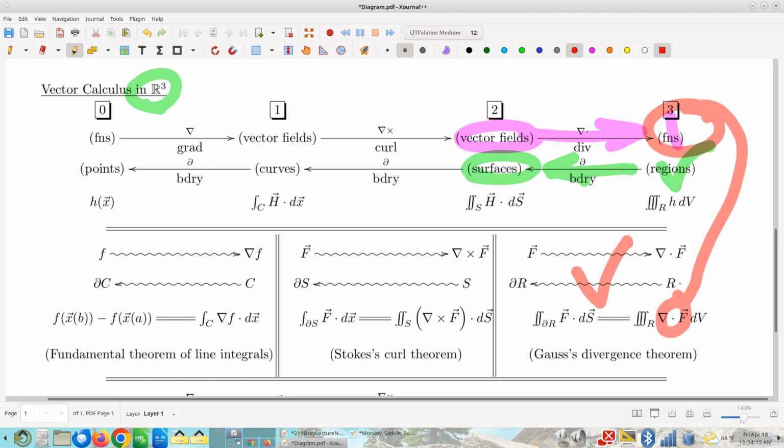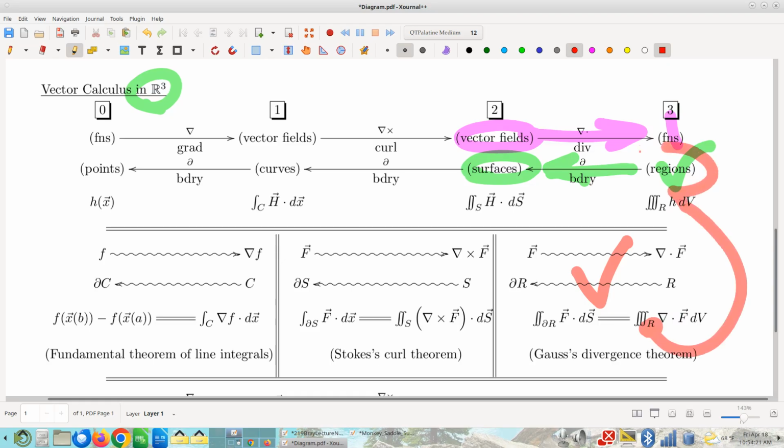My integrand is the divergence. It's 1. And I've got my new domain, which is the anti-boundary solid, namely the thing whose boundary is the sphere, namely the ball. Is that cool? Everybody with me? Okay.